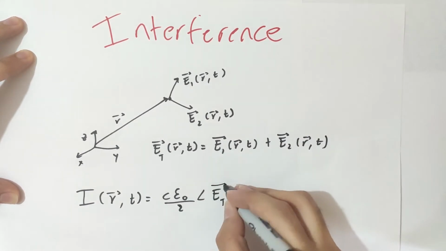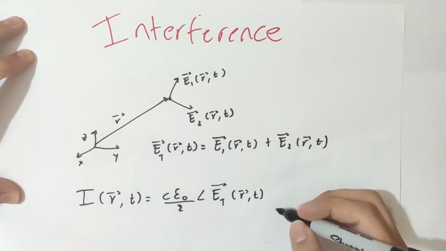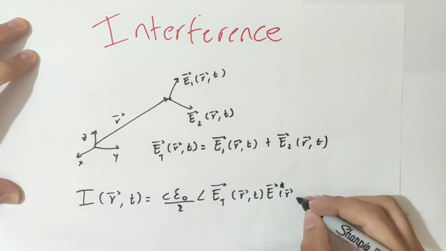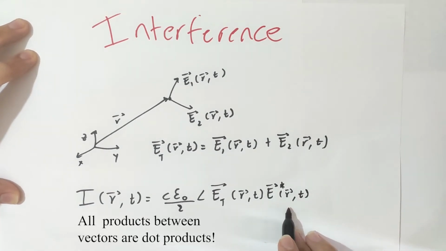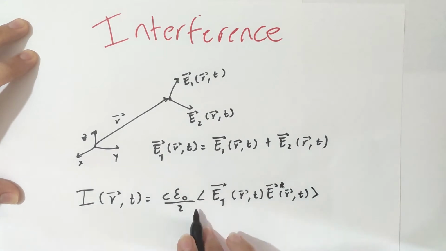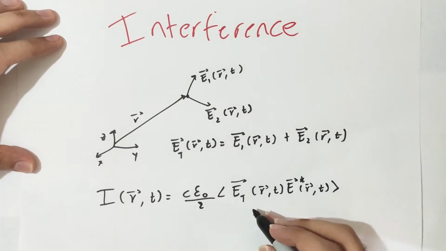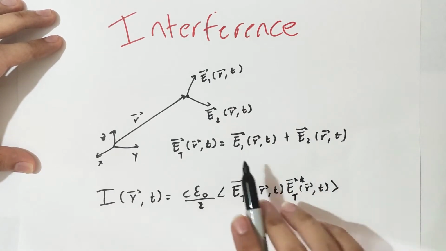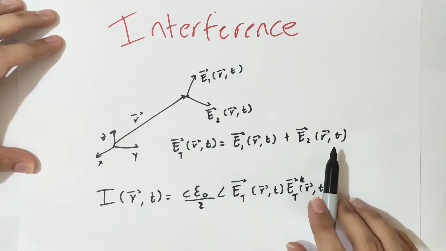That means we have to multiply the electric field at that point times its conjugate, because remember that the electromagnetic field is a complex function. And the brackets mean the temporal average of the electromagnetic field at that point. Remember that this electric field is the total electric field at that point, which is the sum of the first electric field plus the second electric field.